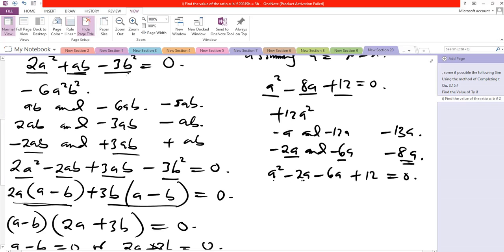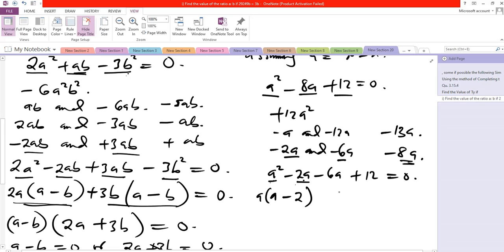Now if you factor this, for these two terms, what is the common factor that can divide both? It is a. If you use a to divide a squared, you have a. If you divide minus 2a by a, you have minus 2. Now what is the common term between minus 6a and plus 12?